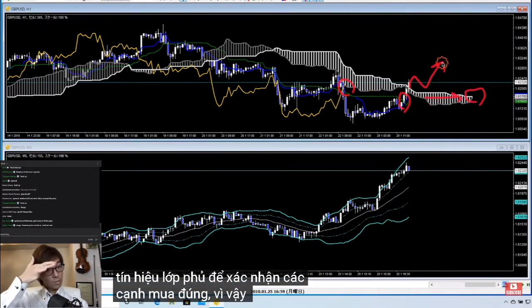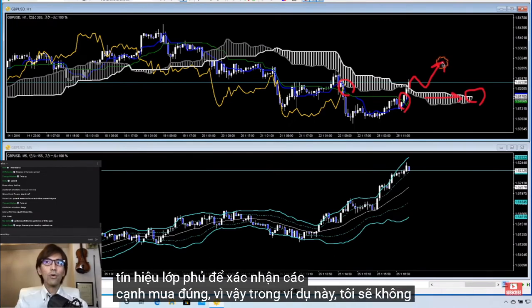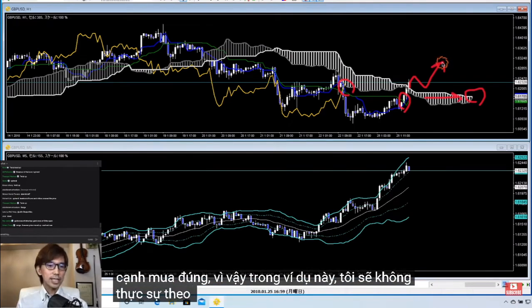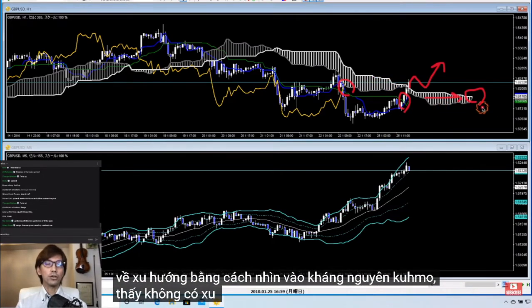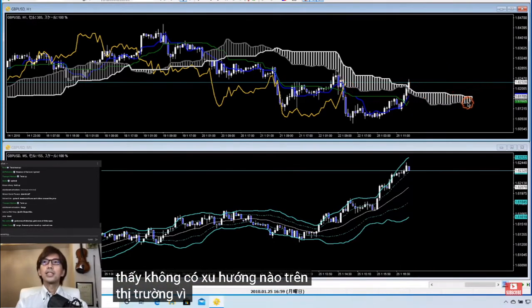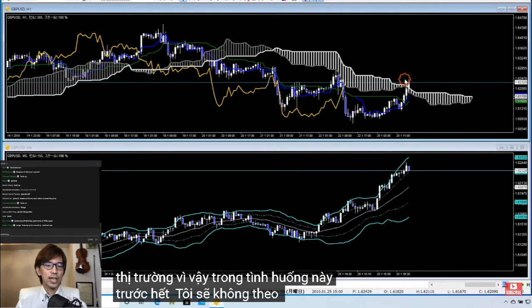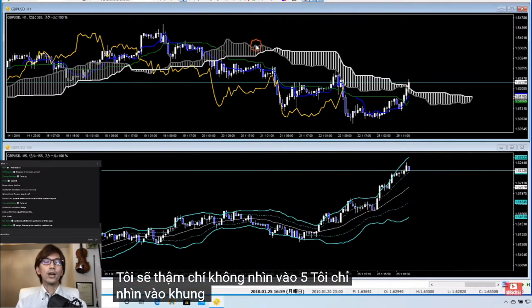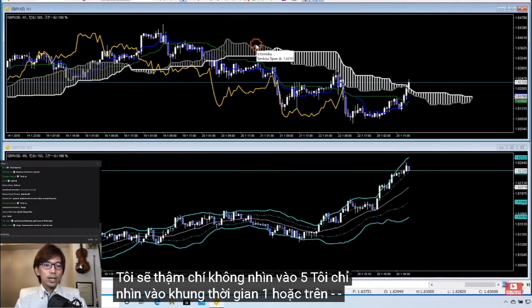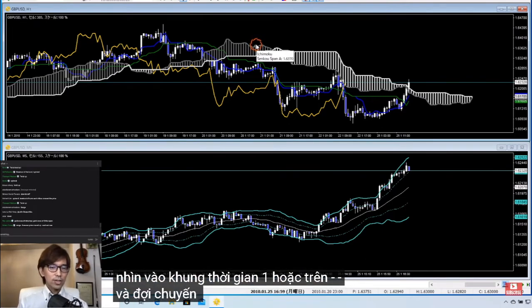So in this example, I won't really take trades yet. And in terms of the trend, by looking at the Kumo and Kijun Sen, there is no trend in the market. So in this kind of situation, first of all, I won't take trades. I don't even look at the 5. I only look at the 1 hour and above time frames and wait for the next trend to come.